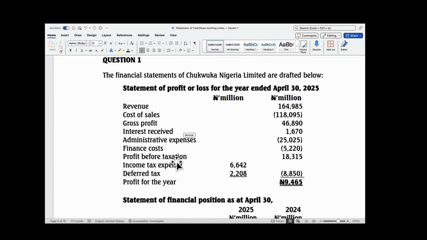Okay, so this 18,315, they have already adjusted for finance costs as an outflow. Of course, it is an outflow. And from this correction, this 5,220 is purely a cash outflow because I am not owing anybody.